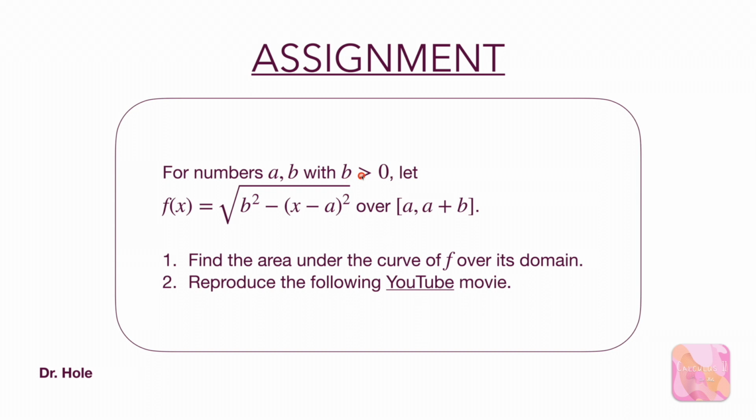The b we're going to take to be positive so that we can move from a off to the right by an amount b to determine an interval of integration. And this function f is similar to the integrand we were looking at, since there is a radical, a radius term squared minus x translated by a, quantity squared.